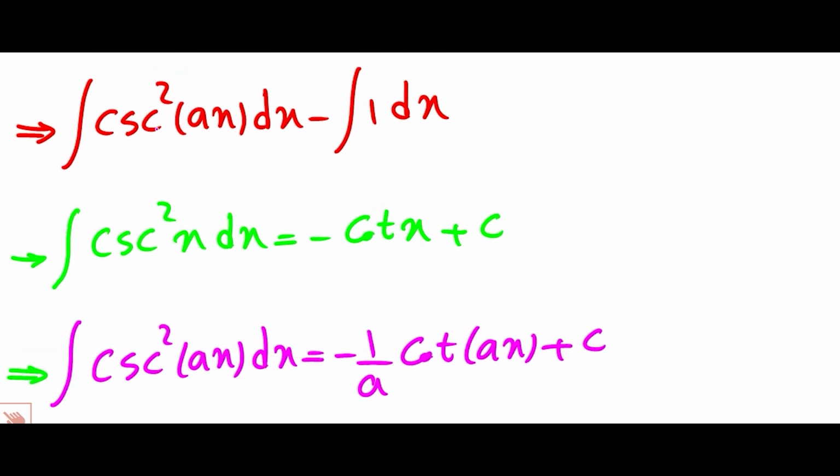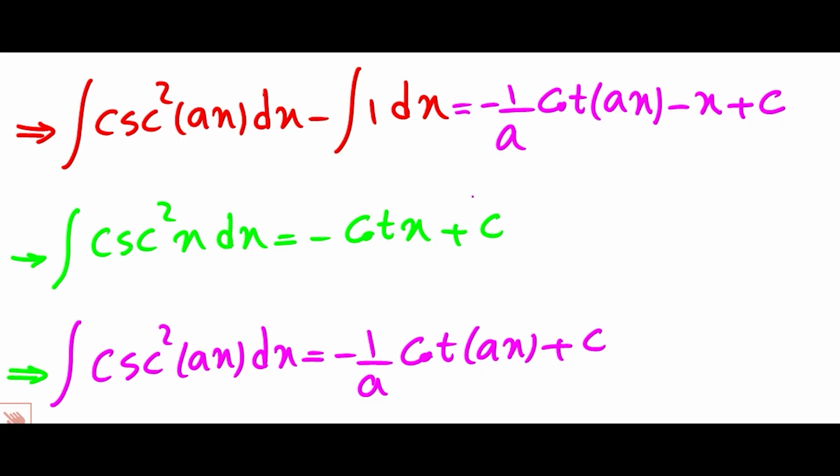So the integral of cotangent squared of ax dx equals negative 1 over a cotangent of ax minus x plus c. That's it. It's very, very simple and important.